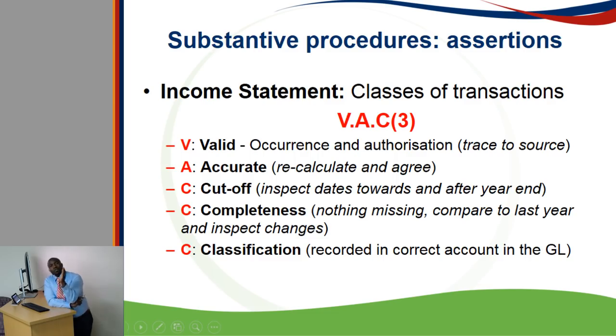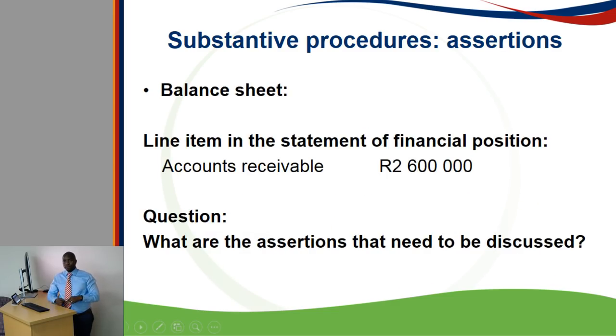The fixed asset register needs to be cross-cast and agreed to the GL, to the TB, and to the note in the financials. And that note needs to be cast and agree to the face of the financials, so it needs to be tied up to the financials. The tie up of the note to the financials is also a key procedure that you can perform. Now I've already jumped to addressing the balance sheet.